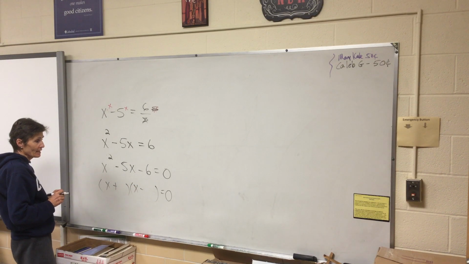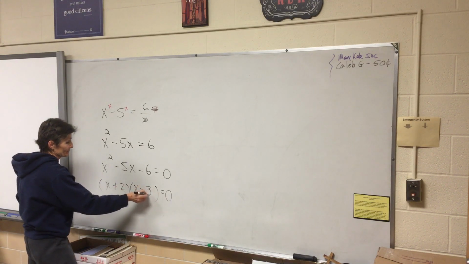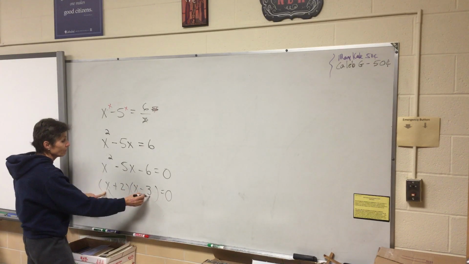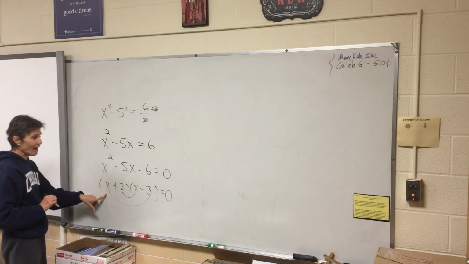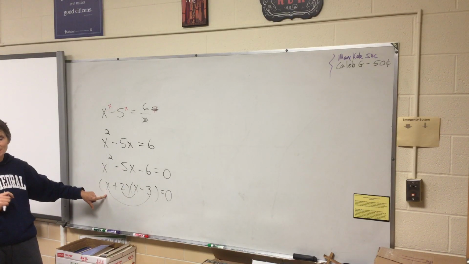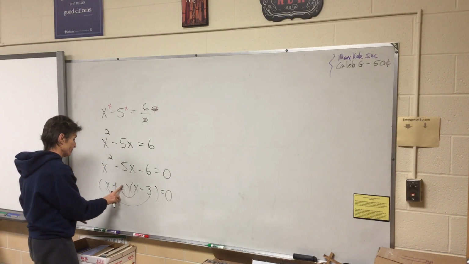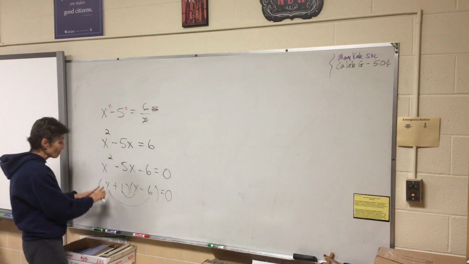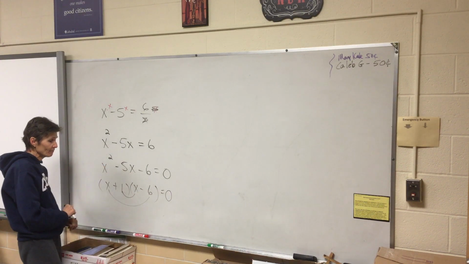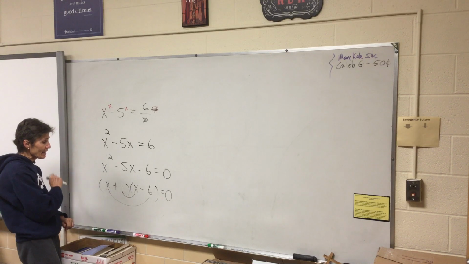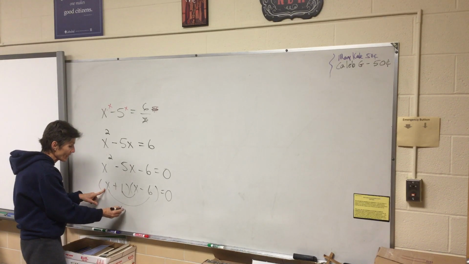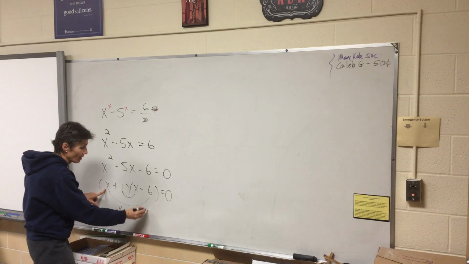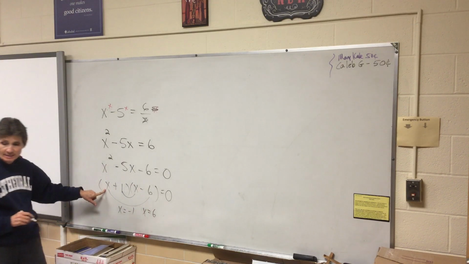Yeah, so 2 and 3. It can't be 2 and 3, because look, 1 and 6. When you FOIL, you don't get 5, because one of them's positive and one of them's negative. 6 and 1. 6 and 1. That will give me a negative 5. And it will give me my answer. So X equals negative 1 or X equals 6.